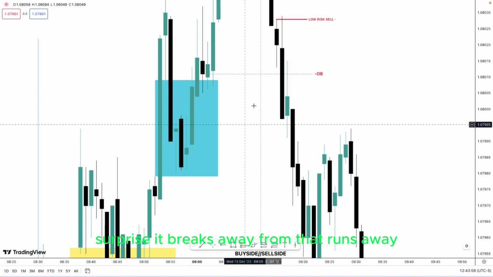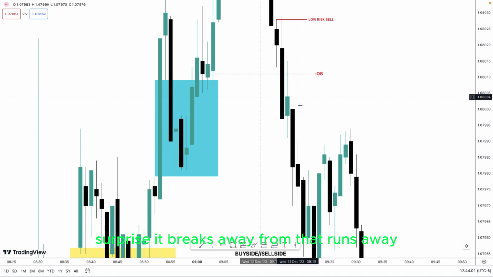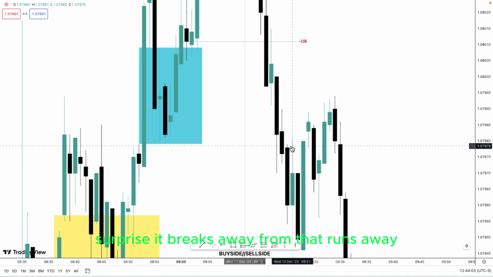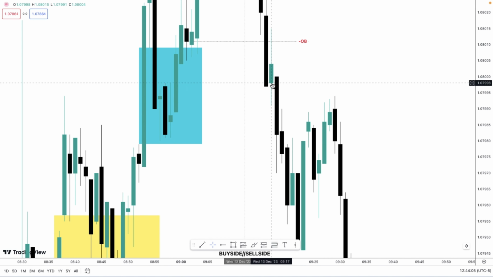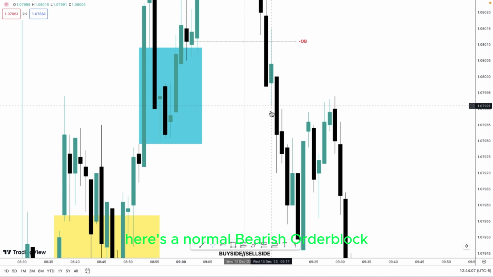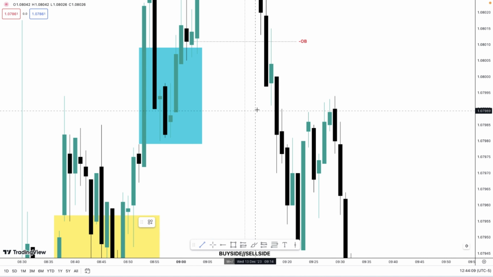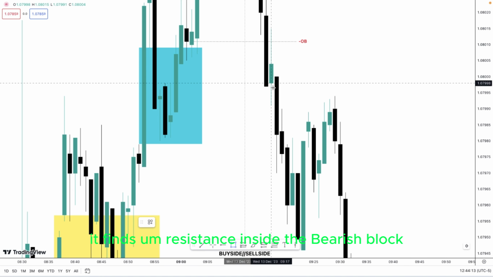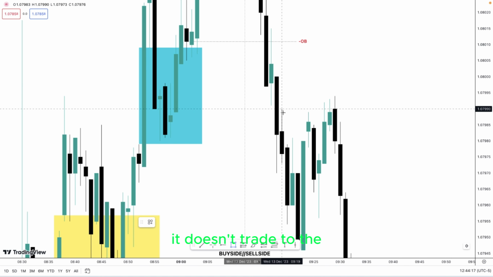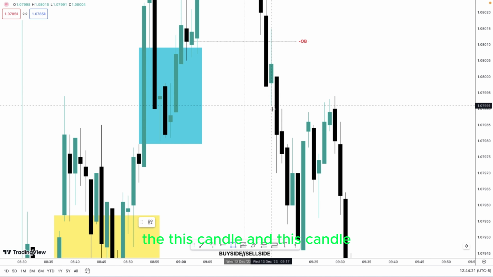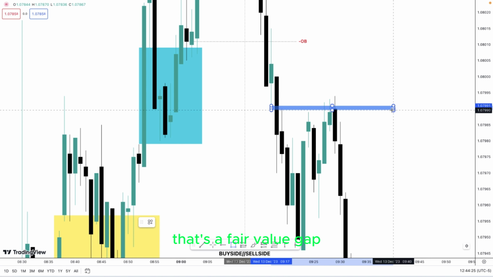So price breaks away from that, runs away. Here's a normal bearish order block. It finds resistance inside the bearish order block. It doesn't trade to the opening price there, but that's fine. Now the difference between this candle and this candle, that's a fair value gap.